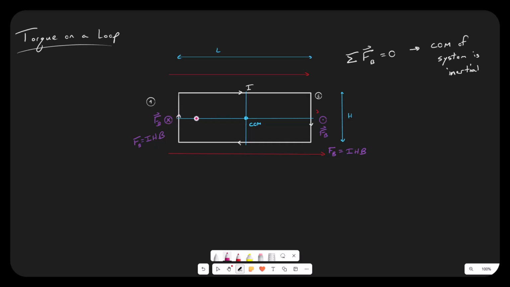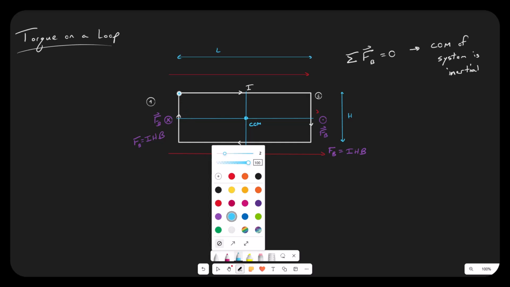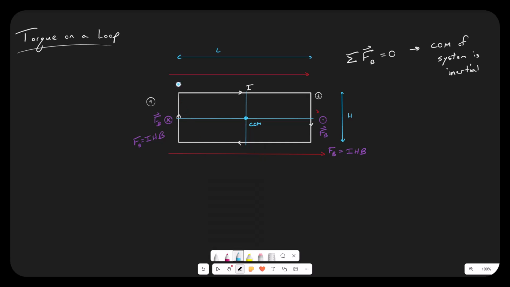Now that force is not acting on the center of mass of the system, it's acting a distance away from it. It's actually acting at a distance of L over 2 from the center of mass. And if it's acting at a distance of L over 2 and it's perpendicular to that separation distance, that means that we are getting a torque here.